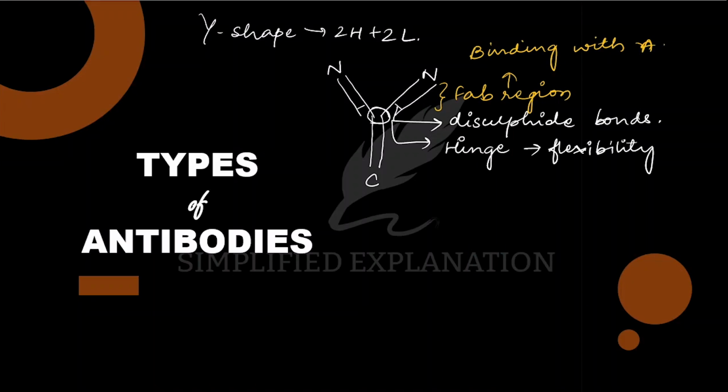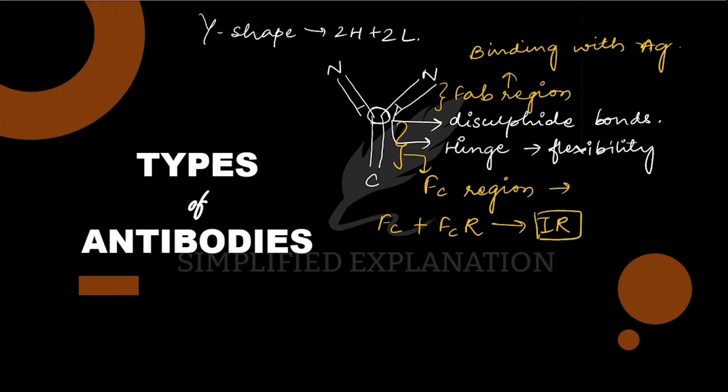Then the lower portion was the FC region, and the FC region interacts with the FC receptor of any effector cells so that it can produce an immune response.